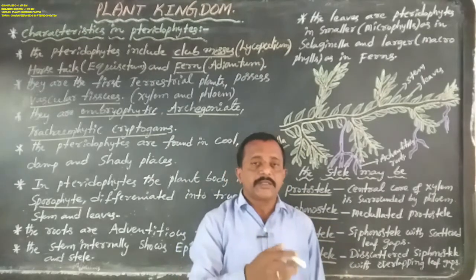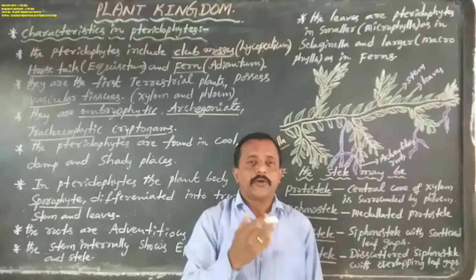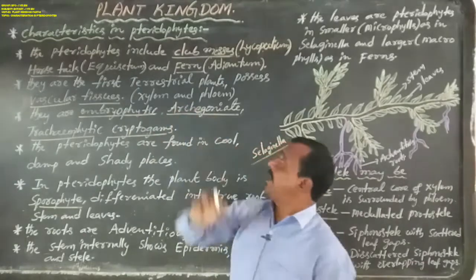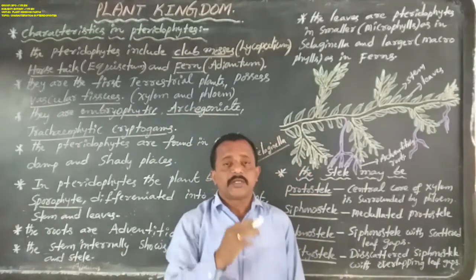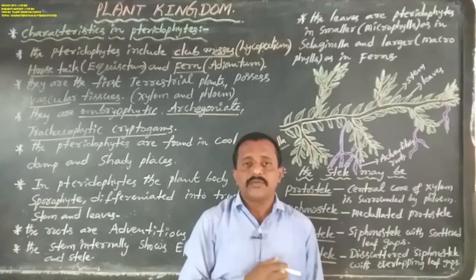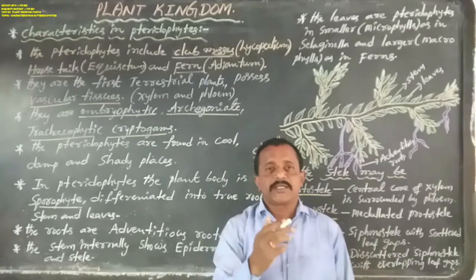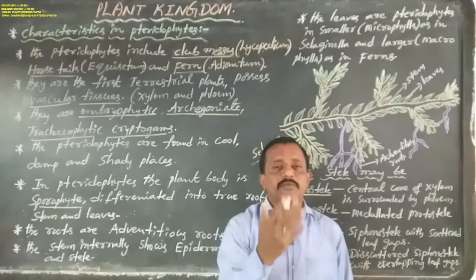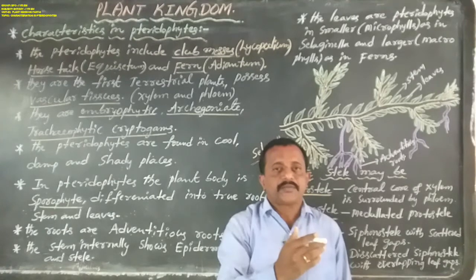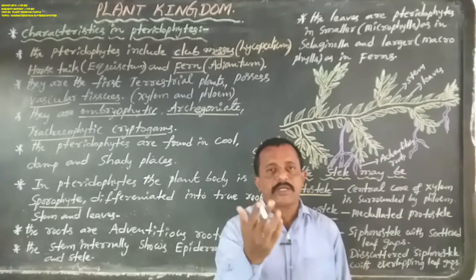So pteridophytes are also embryophytic, containing a well developed embryo, and archegoniate. The archegonium is the female sex organ, first developed in bryophytes, and the same is developed in pteridophytes and gymnosperms. Embryophytes appear in bryophytes, pteridophytes, gymnosperms and angiosperms.